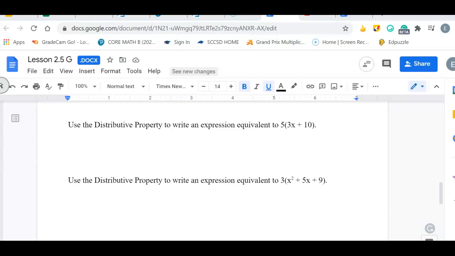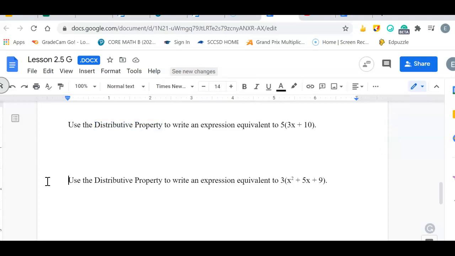Moving on in the guided notes. It says, for the first question here, use the distributive property to write an expression equivalent to 5 parentheses 3x plus 10. Again, it says distributive property, so please go ahead and use that. Again, your hint to distributive property should be drawing arrows.